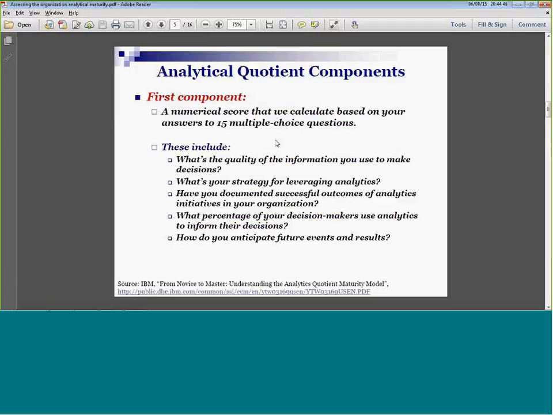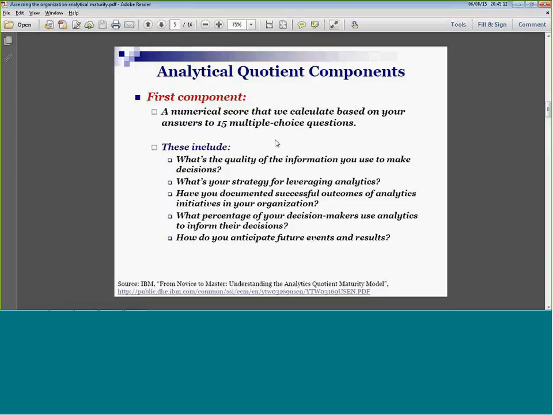Okay, there's a couple of components to the analytic capability maturity model that IBM has. First, there's a numeric score that they calculate based on answers to 15 multiple choice questions. Now, that's not a lot of questions. Multiple choice, you may or may not have enough knowledge of your organization's analytical capabilities to answer those questions, because here's a sample here on the screen.